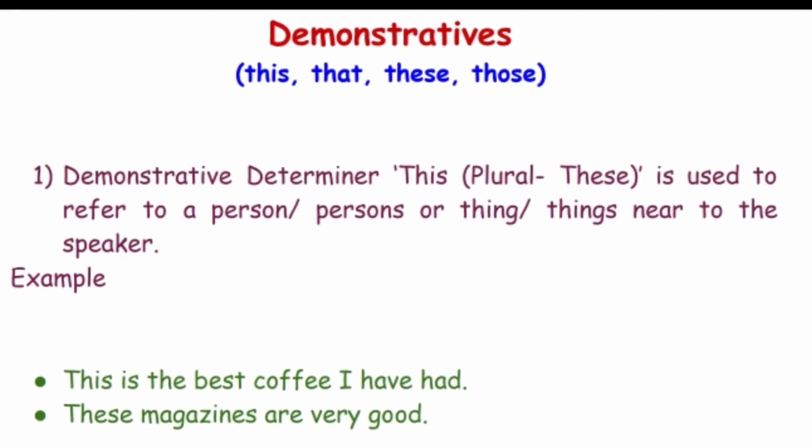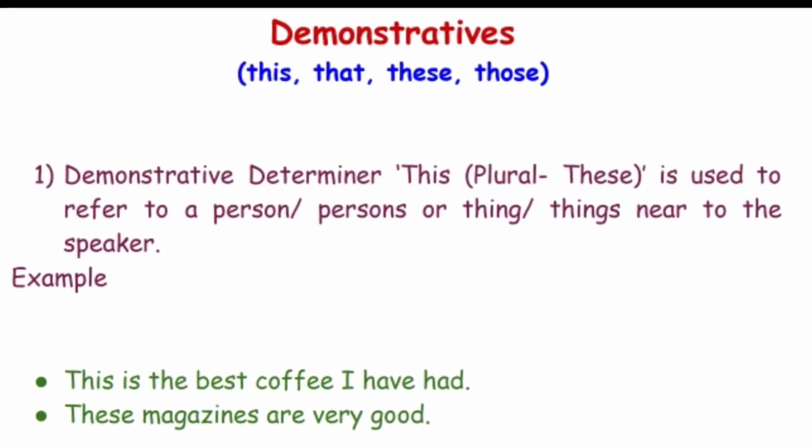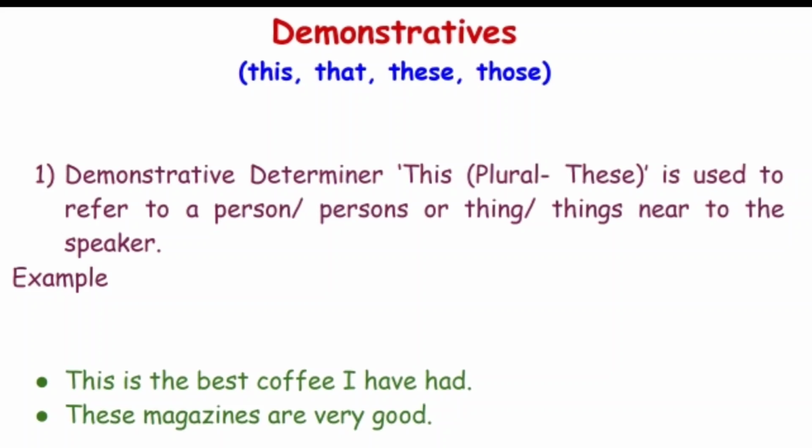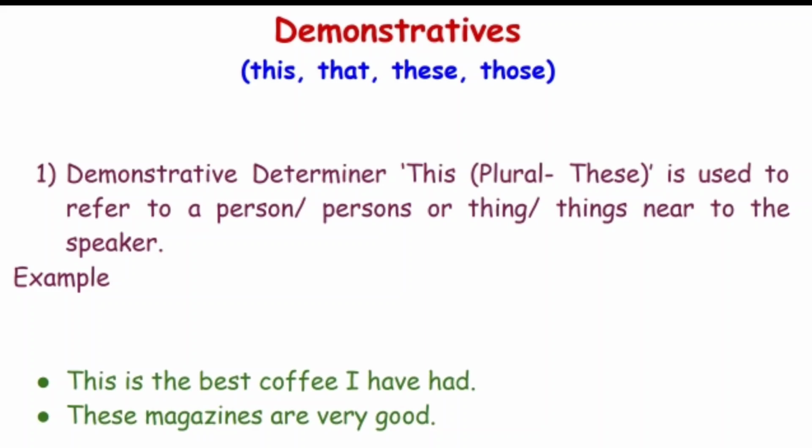I mean, this is singular and these is plural. They are used to refer to a person or persons or things. This is used in singular and these is used in plural, and it refers to persons or things that are near to the speaker.